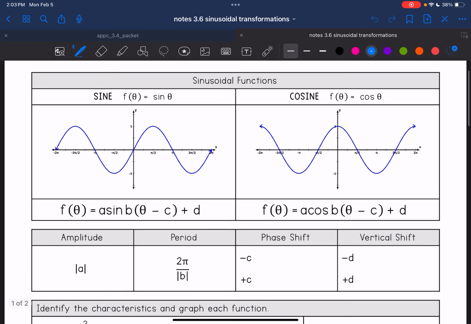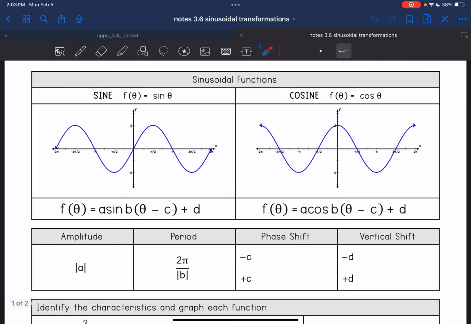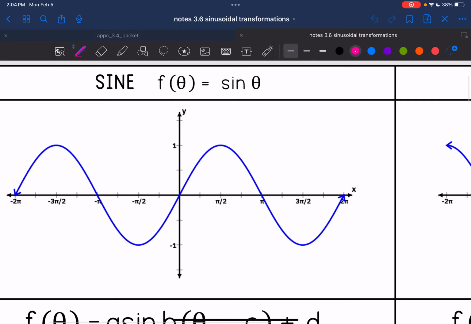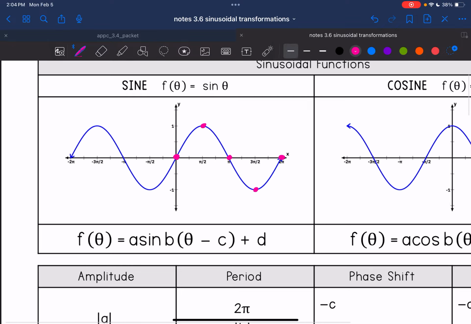As a reminder, there's our sine and cosine functions, the parent functions whenever there are no transformations on them. For sine, the critical points you want to think of is it starts at the midline, goes up to a max, goes back to the midline, goes down to a min, and then back to the midline. So when we are drawing sine functions, you're going to want to think about those 5 critical points.